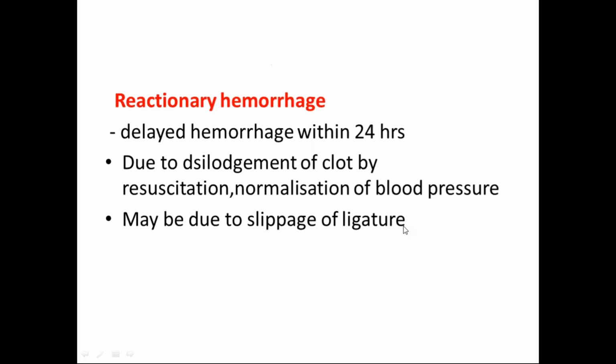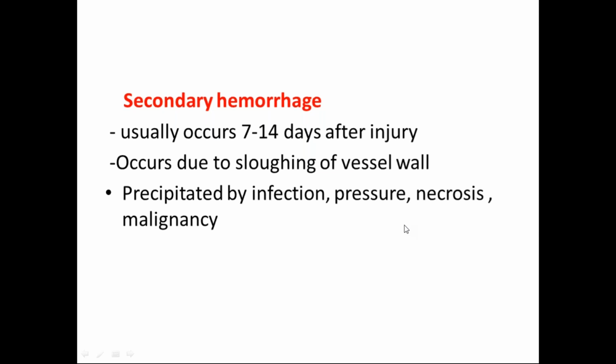Next is secondary hemorrhage. Secondary hemorrhage usually occurs 7 to 14 days after injury. This occurs because of sloughing of the vessel wall, precipitated by infection, pressure necrosis, or malignancy.